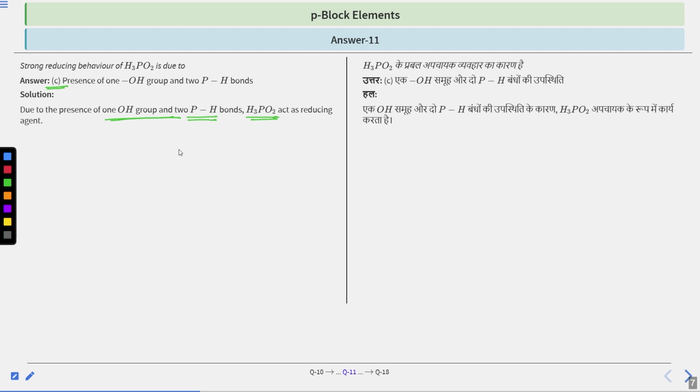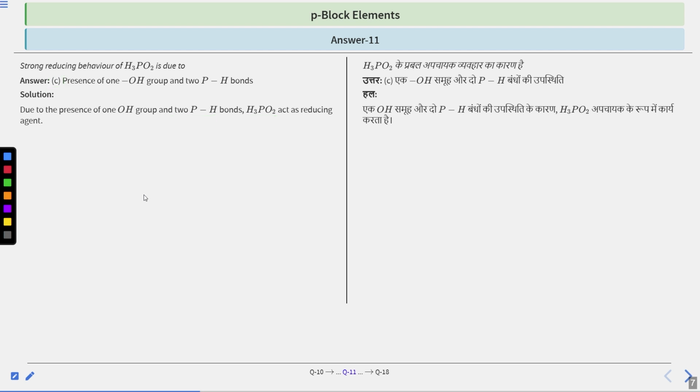It is bonded with a double bond to the oxygen atom, one bond is for OH, and two bonds are for direct linkage of hydrogen. So one OH group and two P-H bonds are present in the structure of H3PO2, and these are the two main reasons because of which H3PO2 acts as a strong reducing agent. Thus, option C is the correct answer.